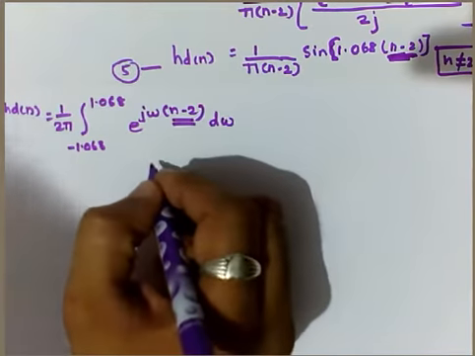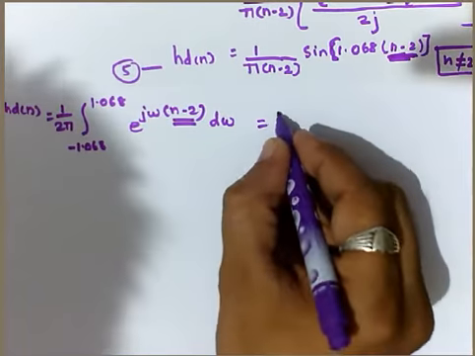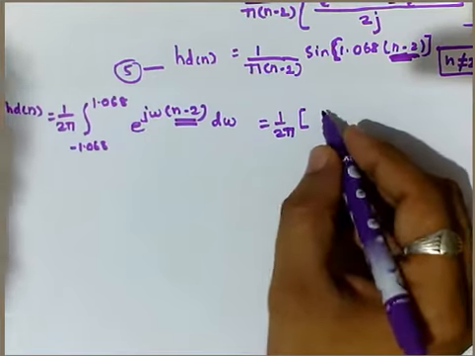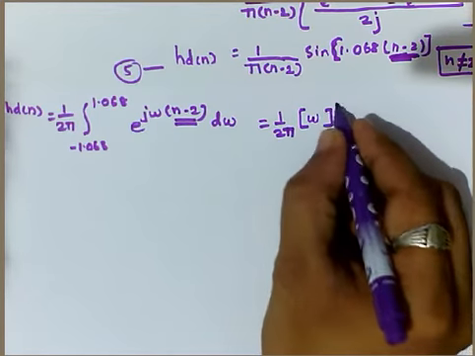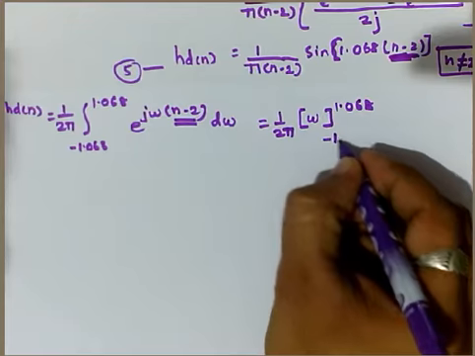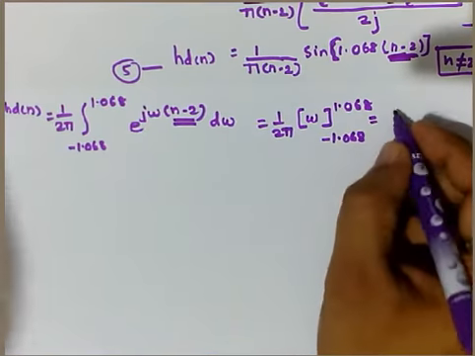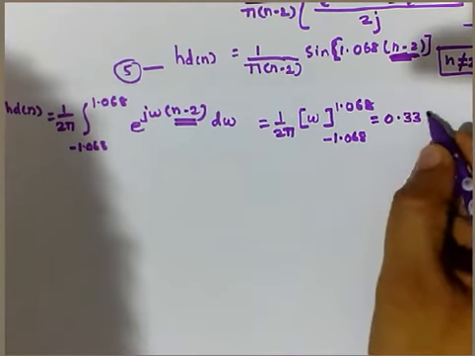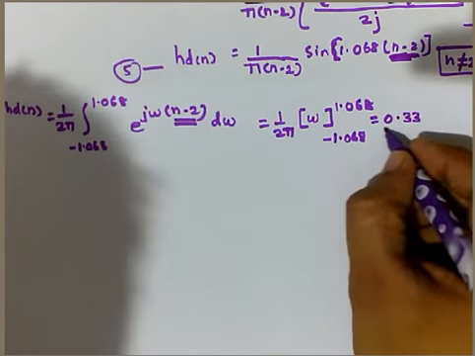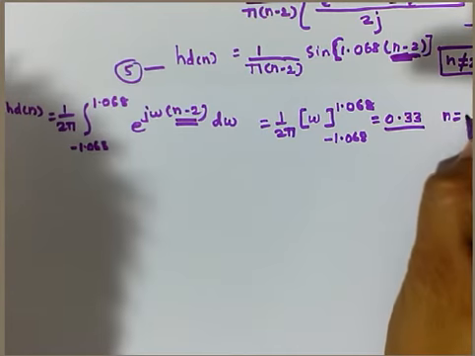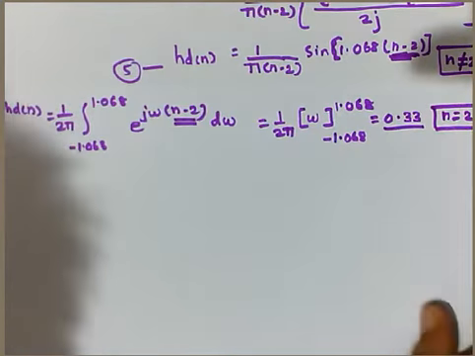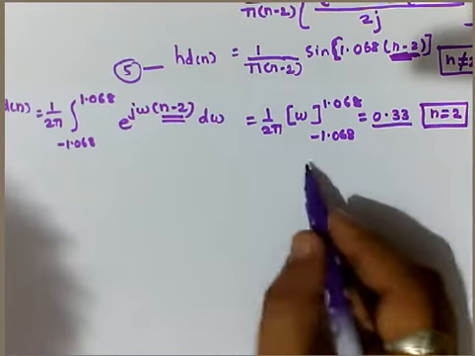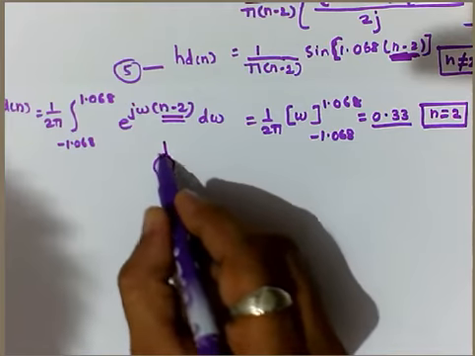Putting n equal to 2 we get e raised to 0, which is 1. So this will be omega from minus 1.068 to 1.068, giving the value 0.33 for n equal to 2. Let's call this equation number 6.